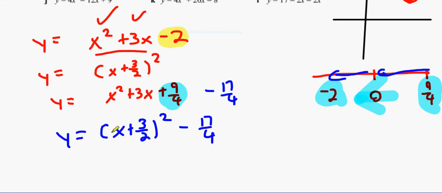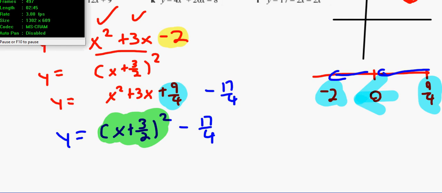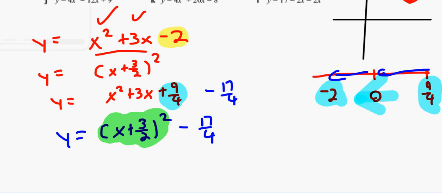This whole thing here, what's guaranteed about that? It's guaranteed to be positive. Okay? Now guys, the green part's guaranteed positive. Why is it guaranteed positive?